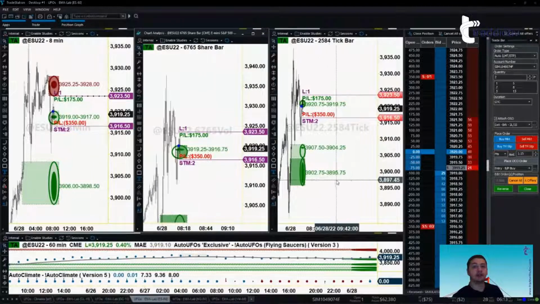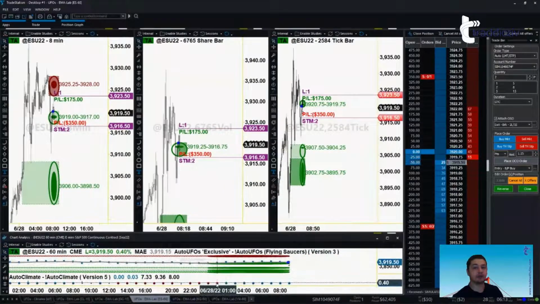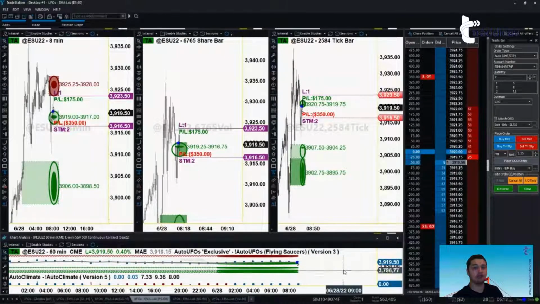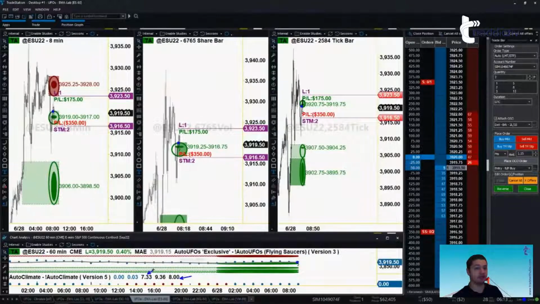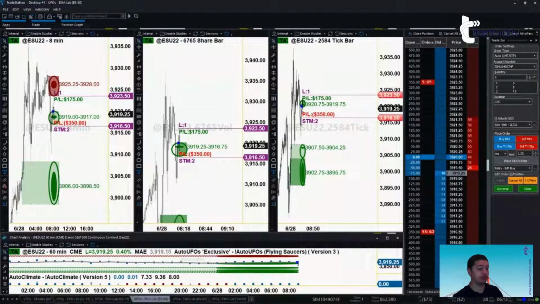All right, we got a couple of UFOs here that are helping us out. Plus, the climate is a confirmed up climate. The only issue I have with the climate is the fact that it is on the 8th one out of typically 8. So we have this entire hour for this trade to work. But unfortunately, we may be at the tail end of this climate.